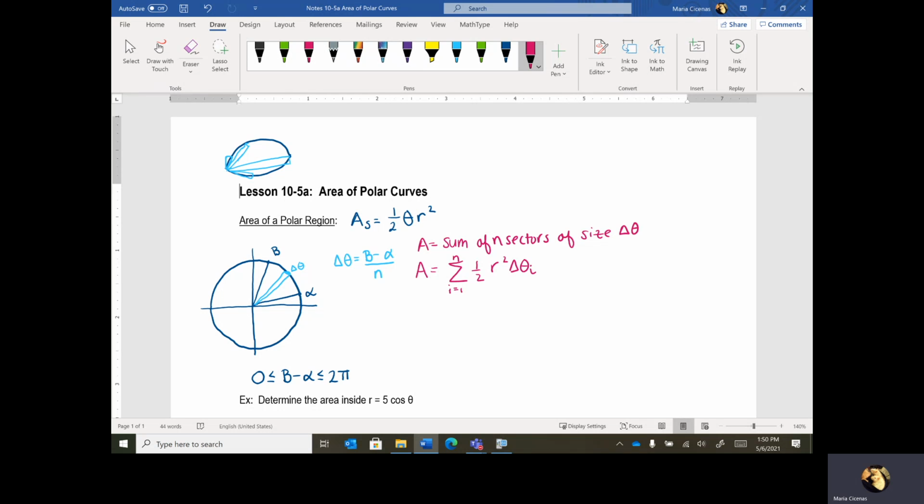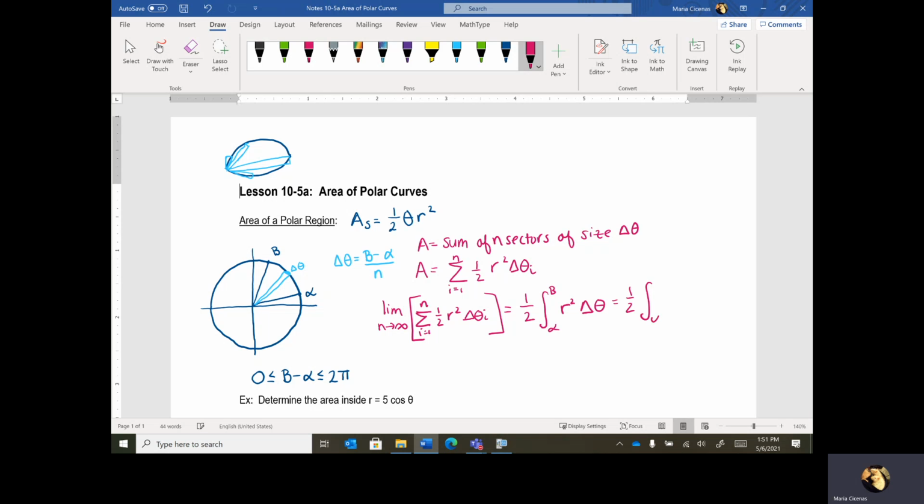So we'll be applying the limit. Which we know means that we can integrate this over our boundaries. So from alpha to beta, I just pulled the 1/2 out front, r squared delta theta.